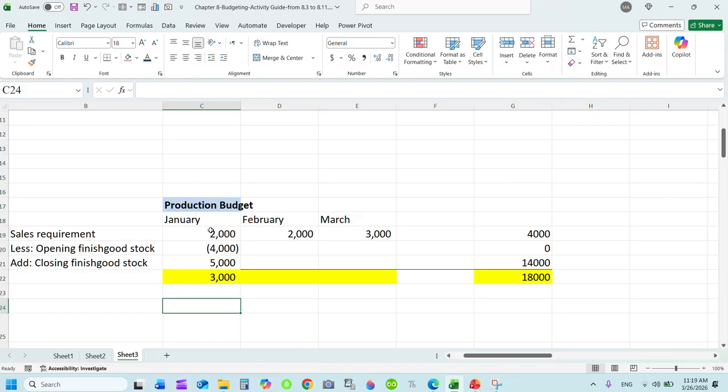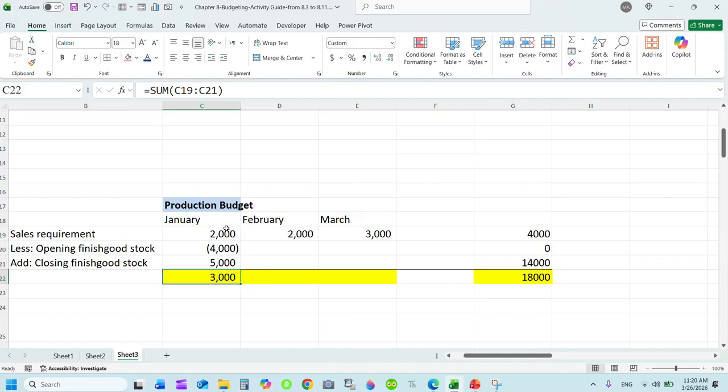If you want, you can put this sales requirement first, thereafter you can add closing stock requirement, thereafter you can deduct opening stock if you want, right? But here the opening stock has been deducted in the second line. No harm. This is the amount you need to produce.